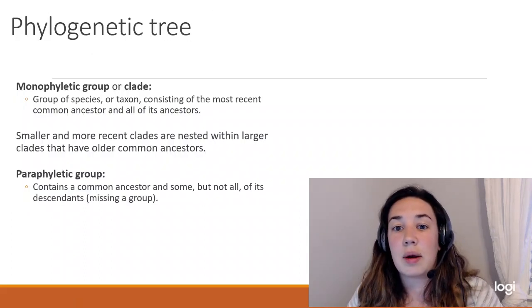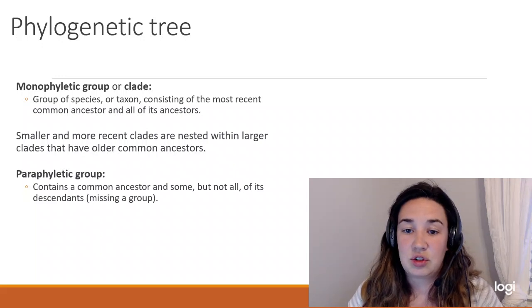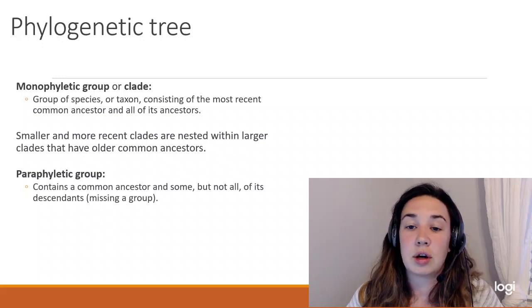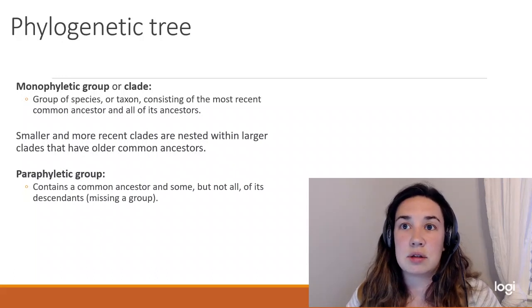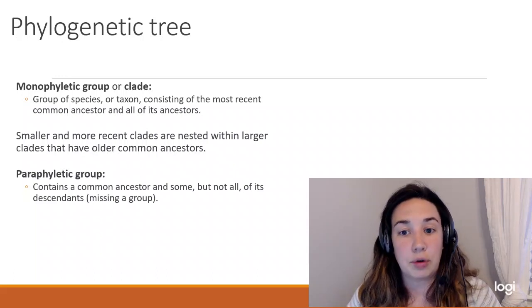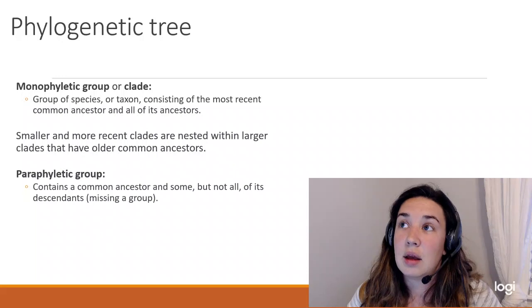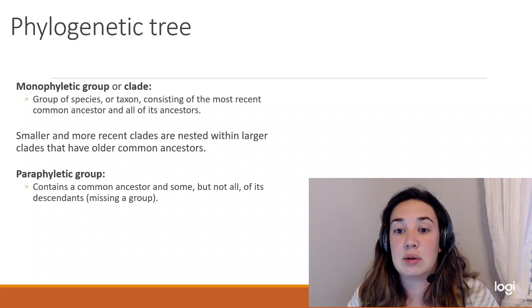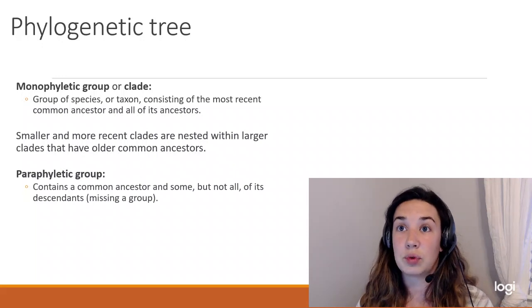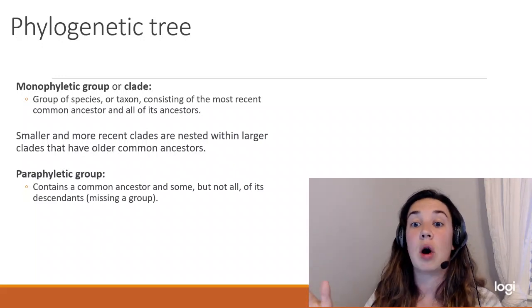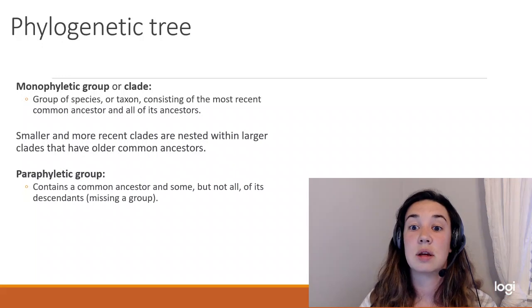Okay, so when we talk about phylogenetic trees, there are a couple other terms that I want you all to be familiar with. The first term is our monophyletic group, or our clade. This is a group of species, or a taxon, that consists of the most recent common ancestor and all of its descendants.